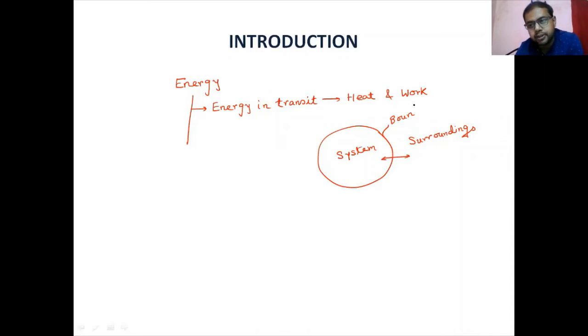This boundary may be hypothetical or may be real. Heat and work always cross the boundary from the system to the surroundings. And another status of energy you have seen is energy in storage.